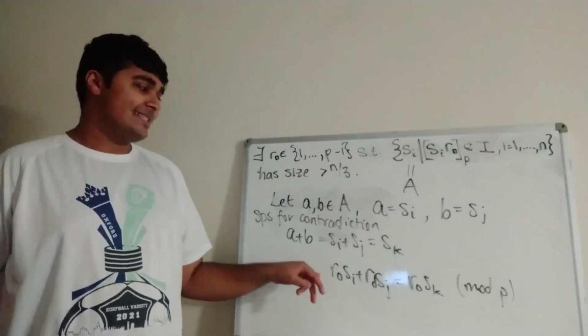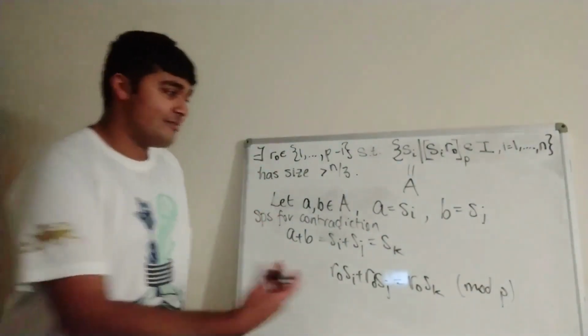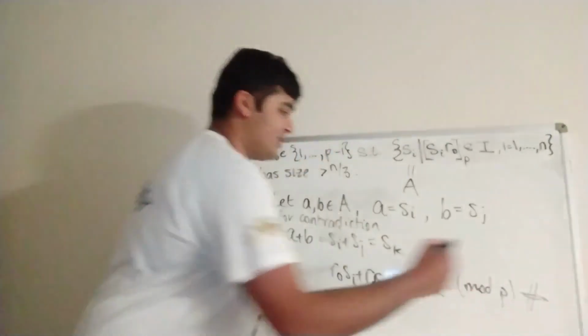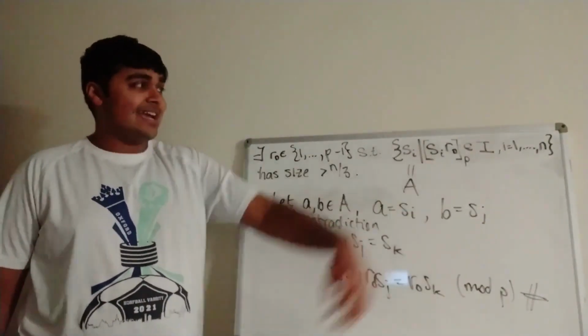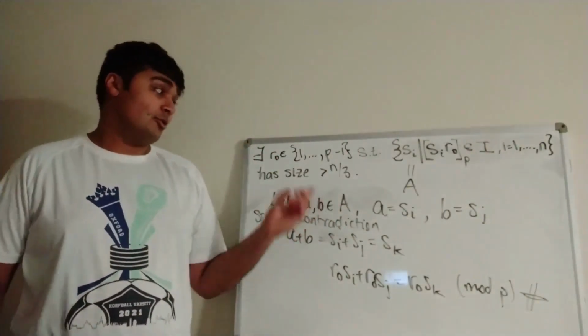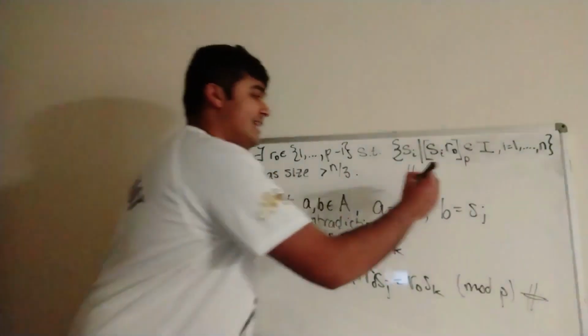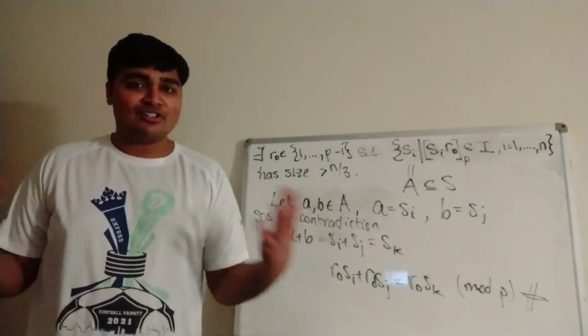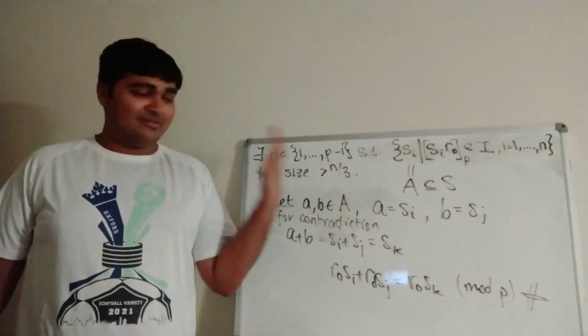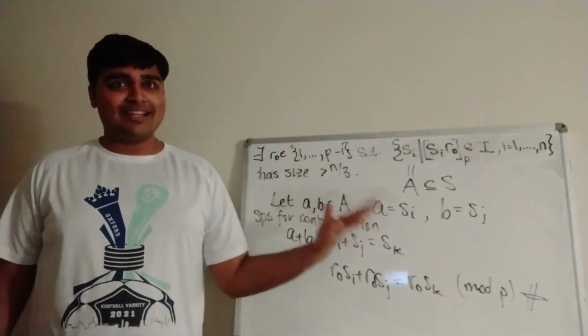So that means that we've arrived at our contradiction. And hence A is indeed a sum-free set, and it has size strictly bigger than n over 3, and also it's very clear to see that A is a subset of S because each of them are just si's. So we've solved our problem, we've found a subset A.